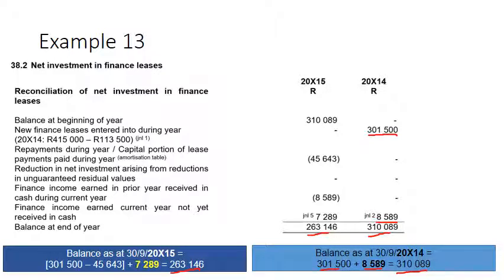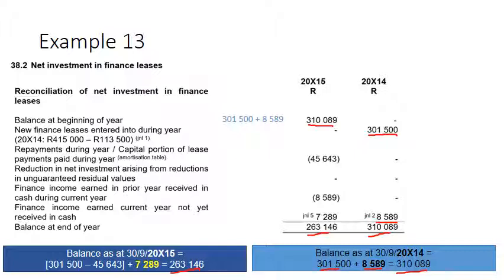For 20x15, the 310,089 will now also be our starting point for our reconciliation. Now this balance, we must remember, consists of the initial recognition of 301,500 plus the 8589 3 months accrued interest.